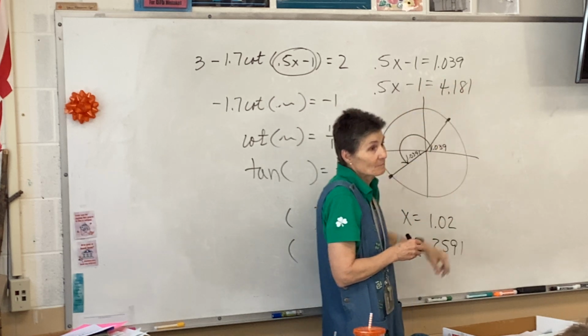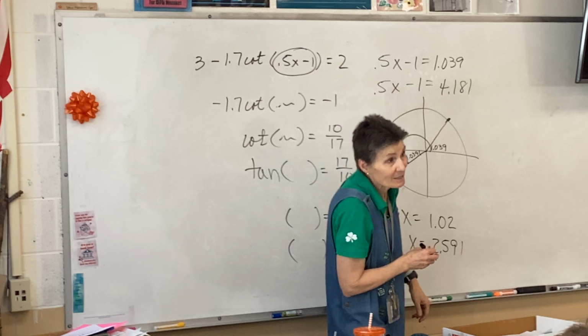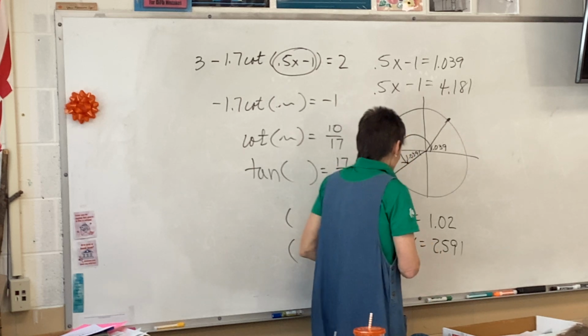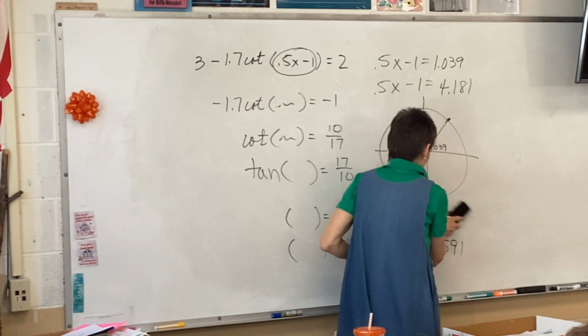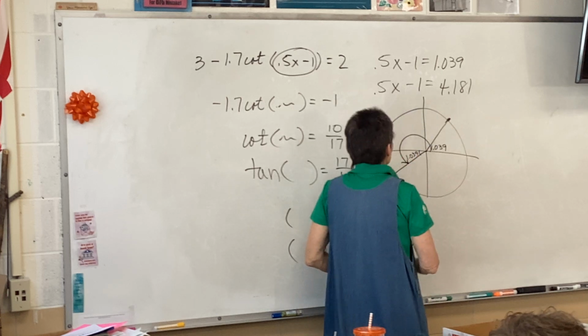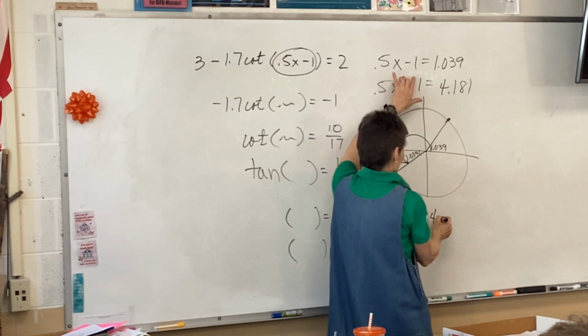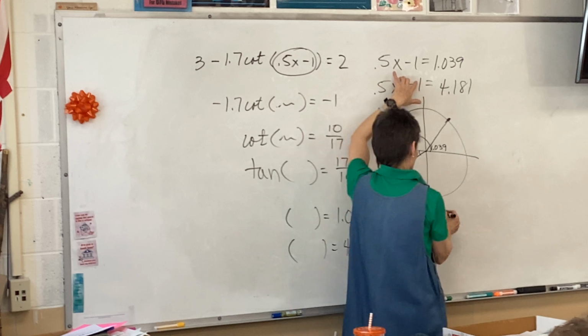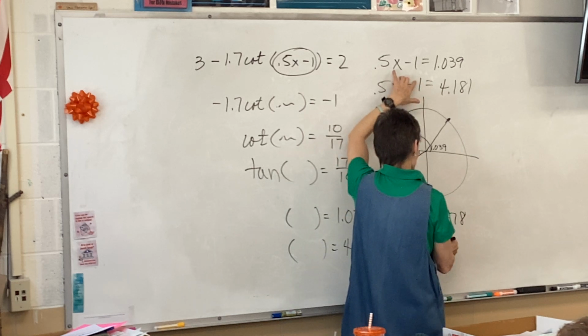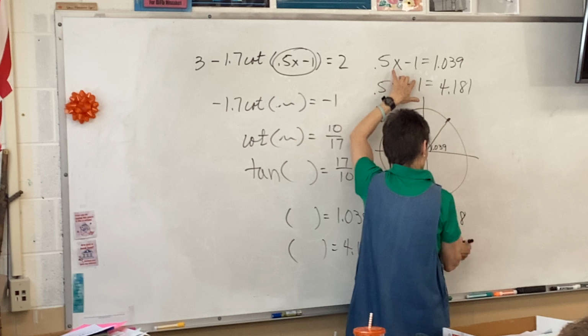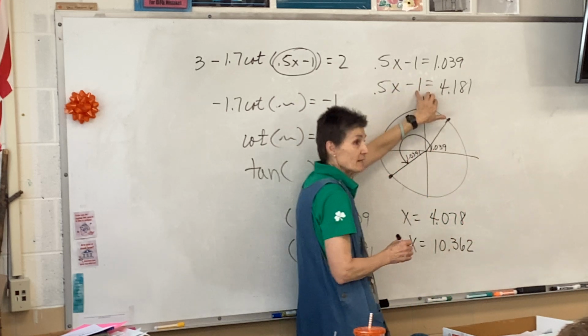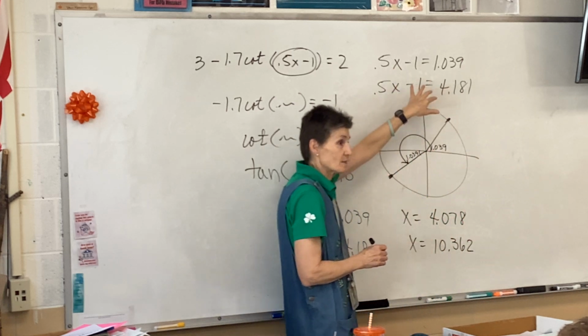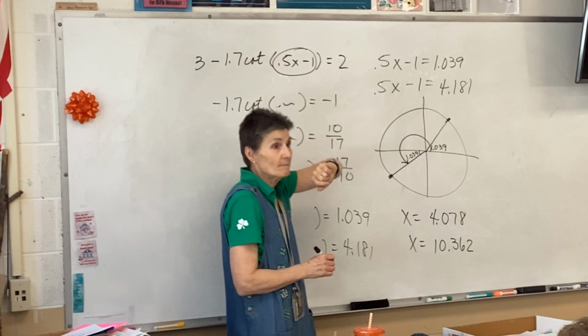I got 10.362. And then 4.078. Okay, so for this one, you got 4.078, and for this one, you got 10.362. Solve those two equations. All right?